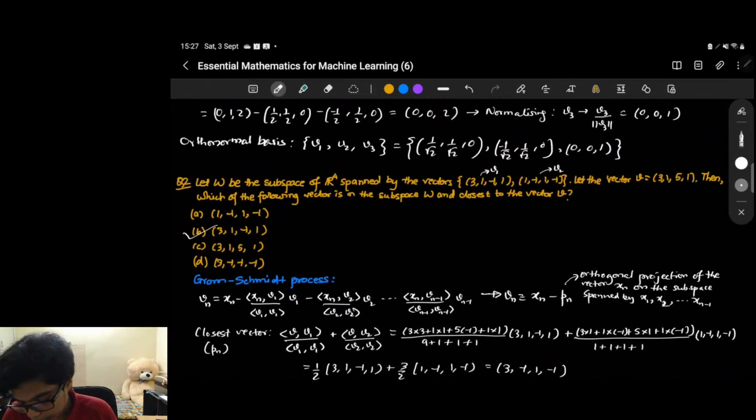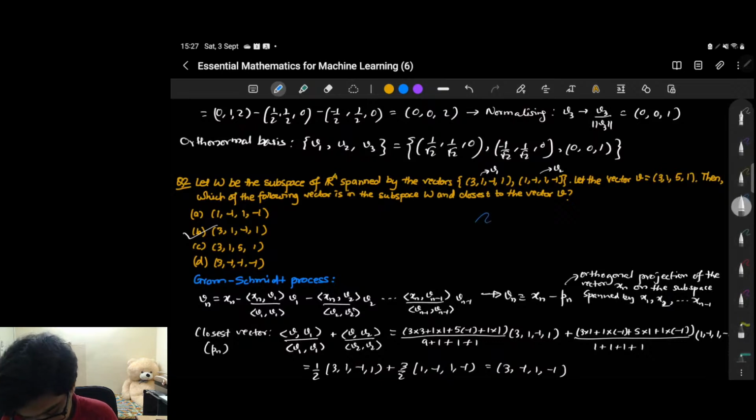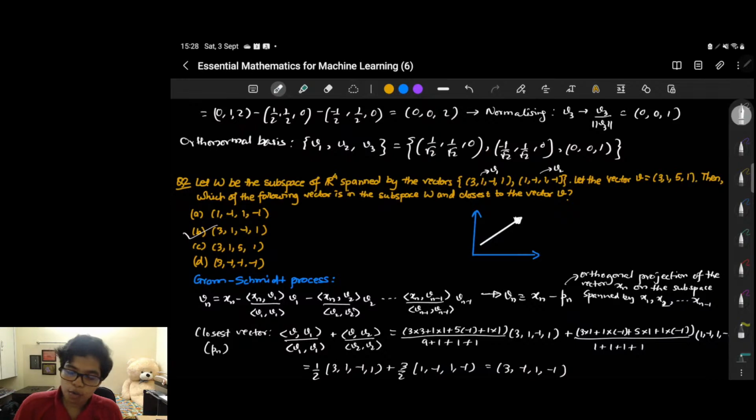Because if you look at an intuitive 2D picture in R2, and I have this vector in some direction, and I want to find the thing which is closest along the x direction, what is that component? How would you do that? You would just take the component along the x direction, and you would say that this is the best component that you can get along the x direction.